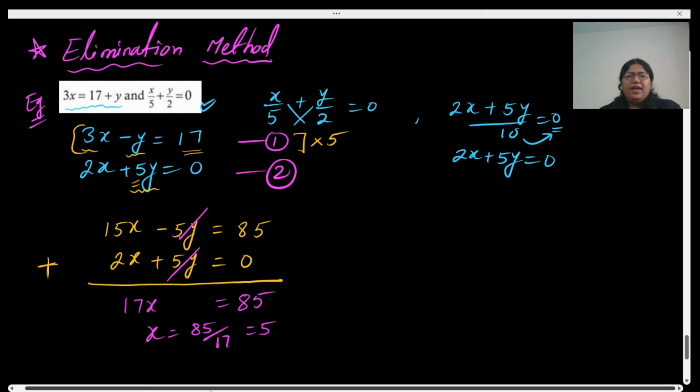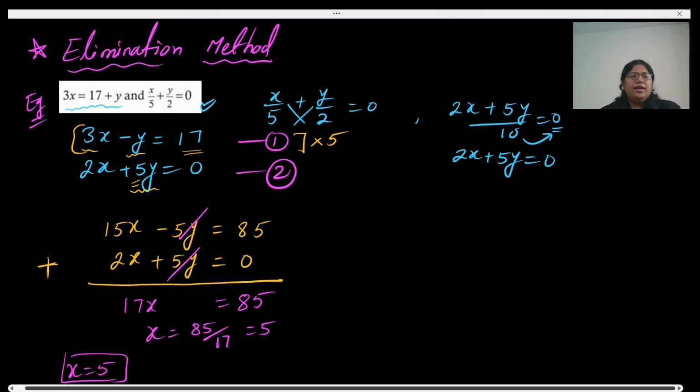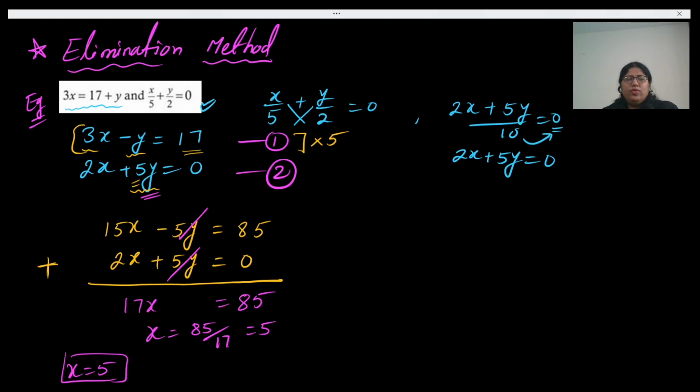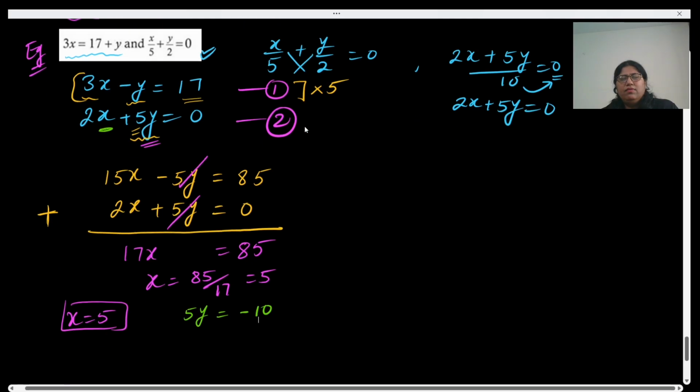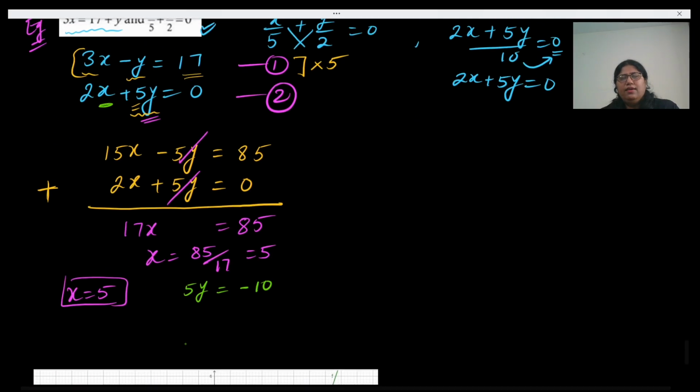So we are already getting the x value, which is 5, and using the first or second equation I can get the value of y as well. This is looking easier because it is just 5y will be equal to minus 2x. So substitute 2x as 5, 2 fives are 10, so 5y will be equal to minus 10. y will be equal to minus 2.